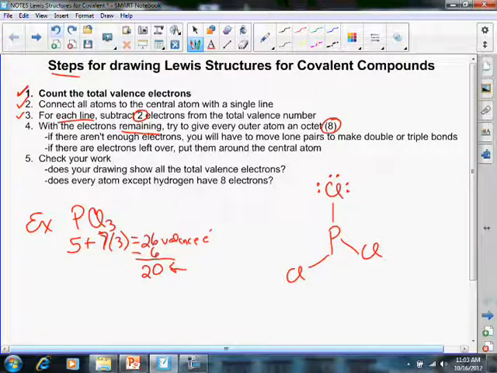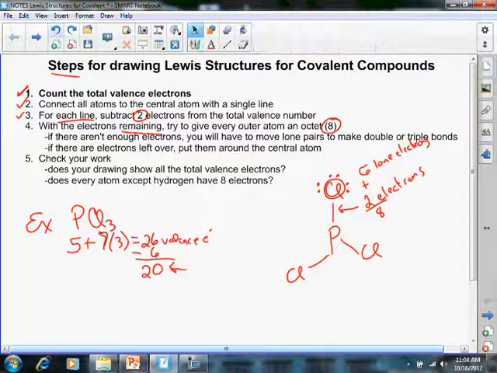So this one has 6 lone electrons, plus that line right there represents 2 electrons, right? So that chlorine right here is surrounded by 6 plus 2, 8 electrons. That's what step 4 means. And we've got to do that for each of those chlorines.